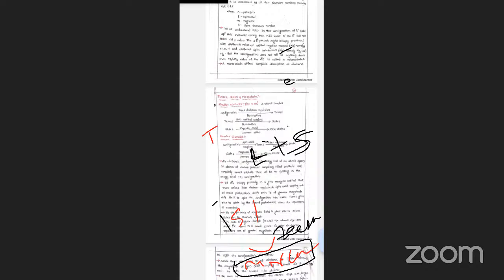Applying the 4 quantum numbers, you can explain each and every element of the periodic table, and give a complete explanation of that element. So based on that, here we can calculate the microstate.